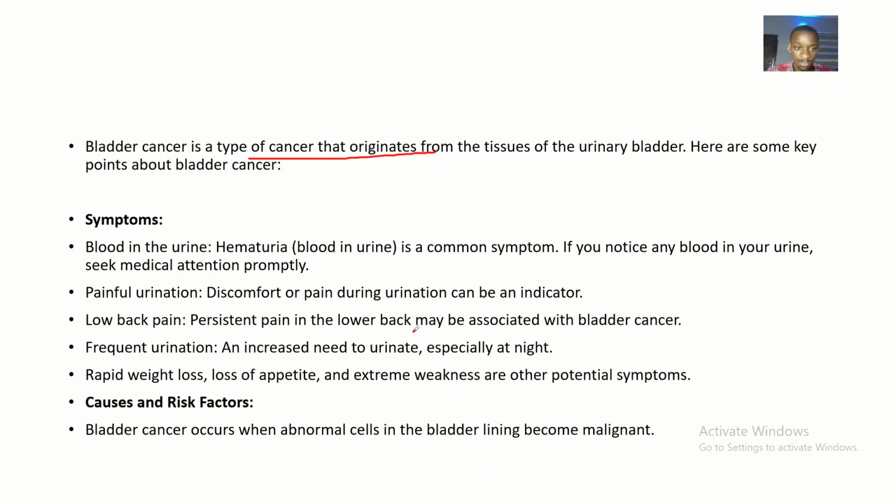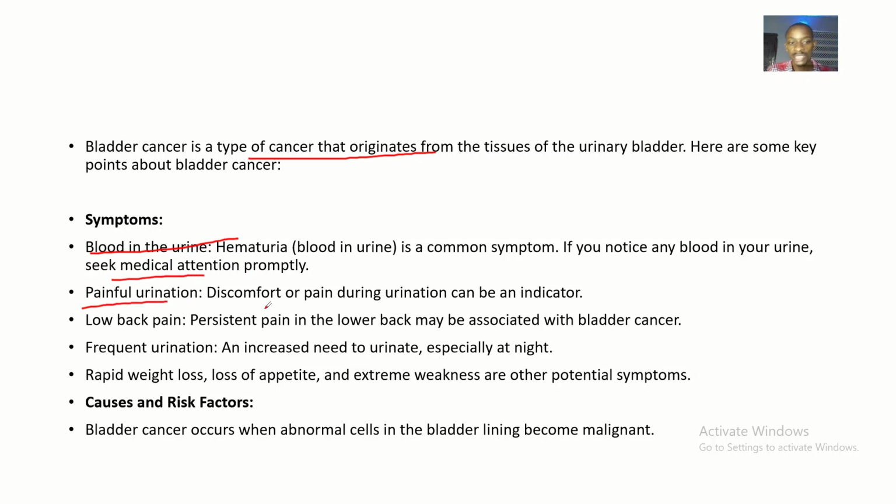First of all, the symptoms. The most common one is blood in urine, also known as hematuria. Hema means blood, uria means urine. If you notice any blood in your urine, you should seek medical attention promptly.